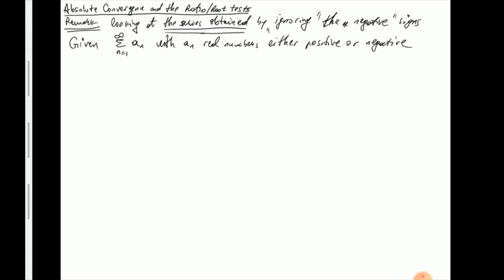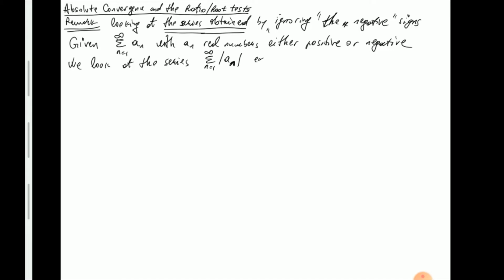I mean, a_n can be any real number. We look at the series made of the absolute values of a_n. Remember, if a_n is negative, the absolute value makes it positive. If it is positive to begin with, the absolute value of a_n will leave it intact.